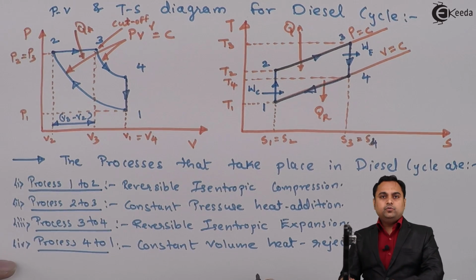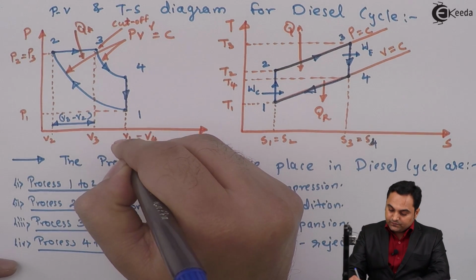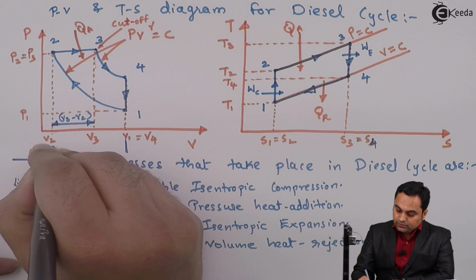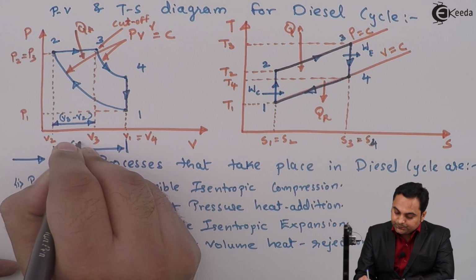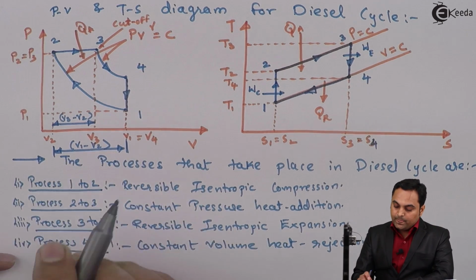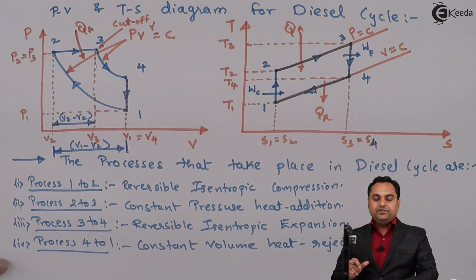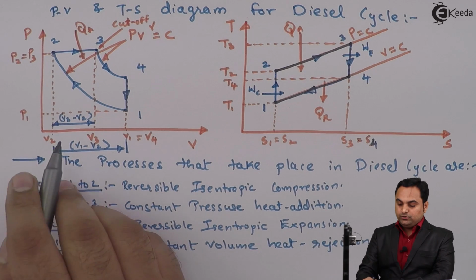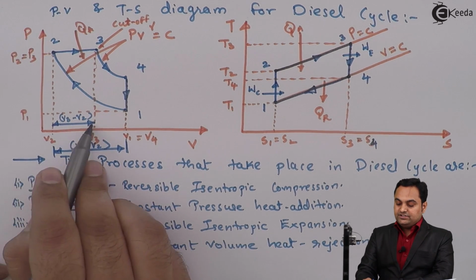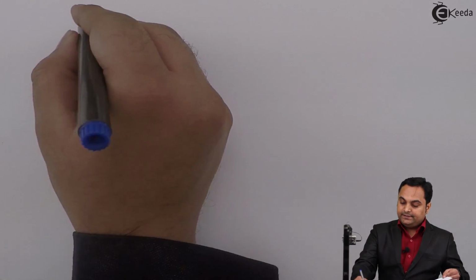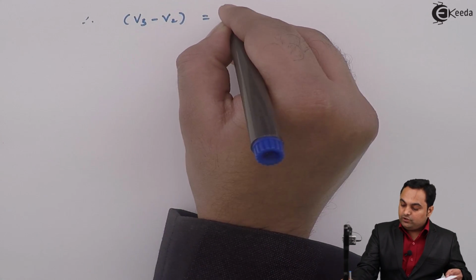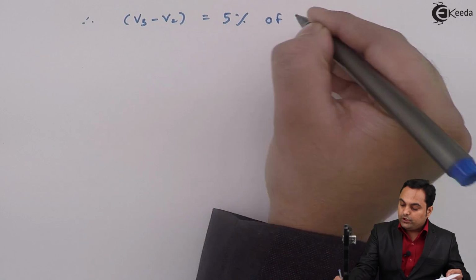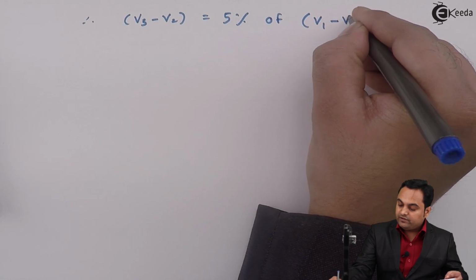This is the volume up to which the fuel gets injected. Next, the stroke volume is V1 minus V2. So of total V1 minus V2, 5% goes into the fuel injection. So I'll say that therefore V3 minus V2 is equal to 5% of stroke volume, which is nothing but V1 minus V2.